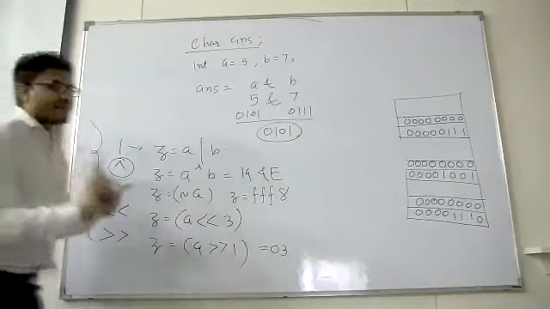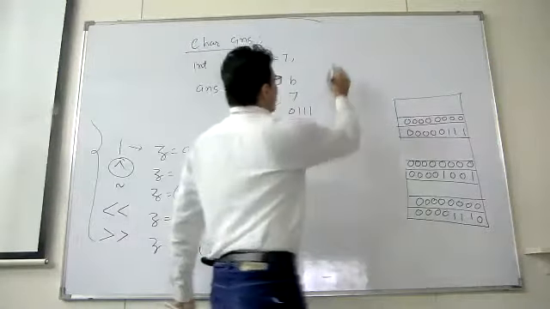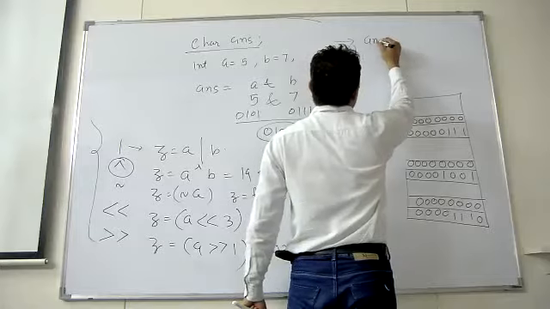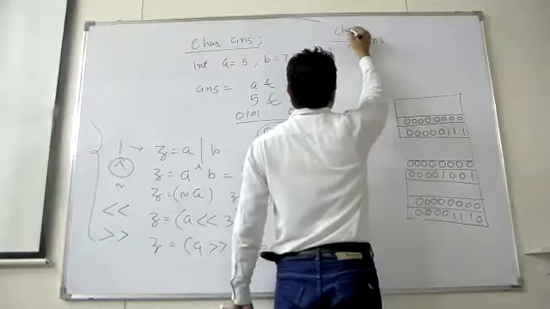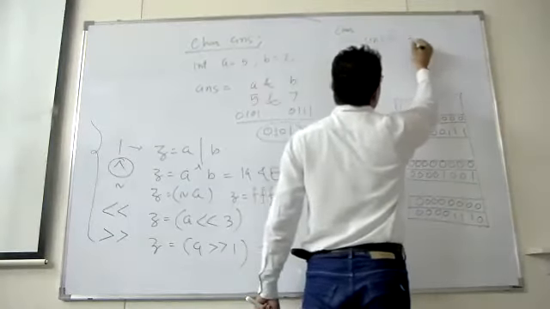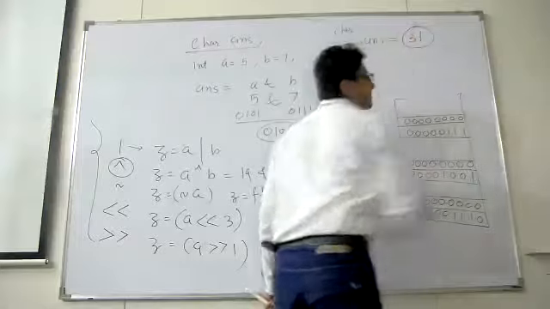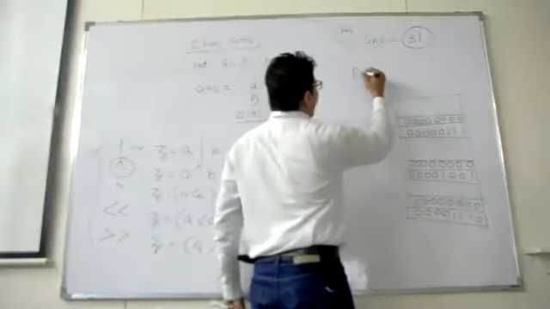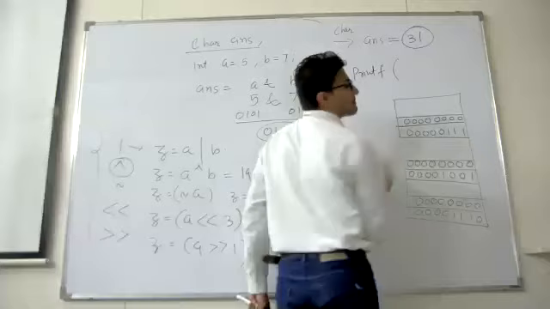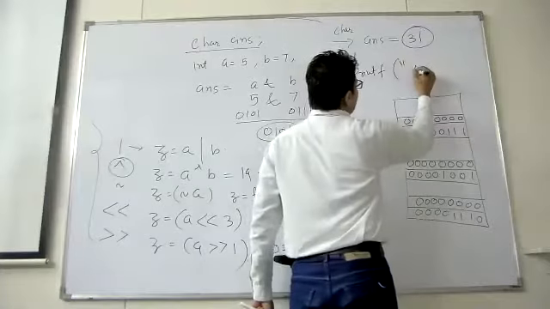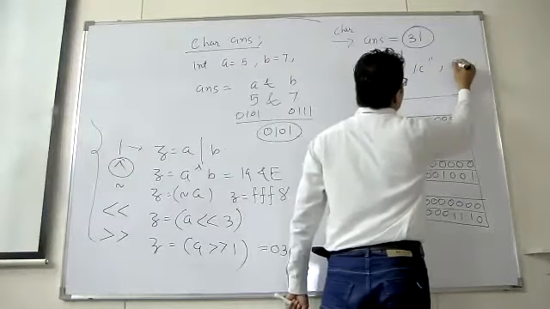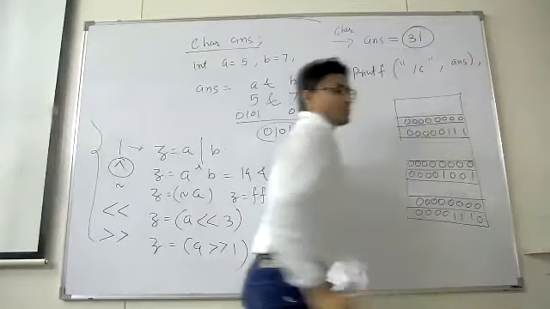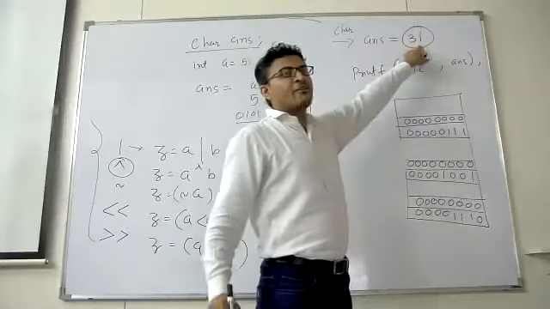Just what is the difference? Suppose I am declaring that answer is one character. Suppose my answer is equal to 31. If I write printf percentage C, then answer, it will print the character of this 31.